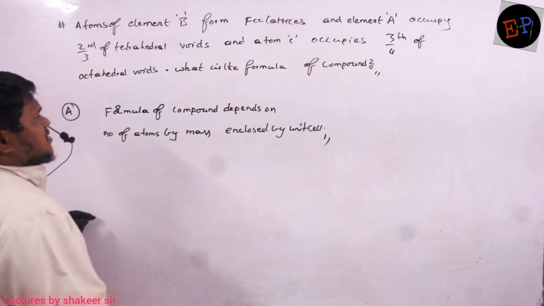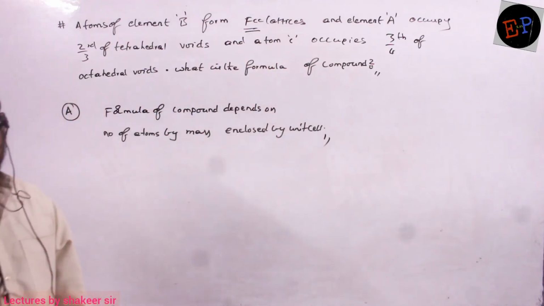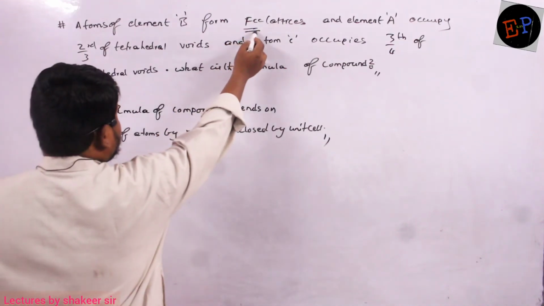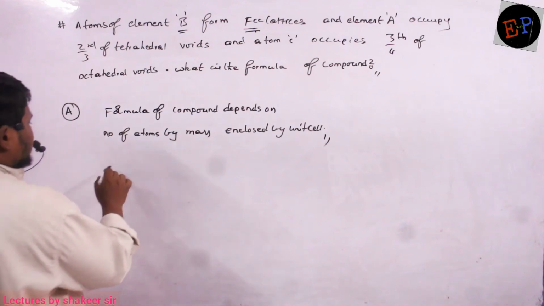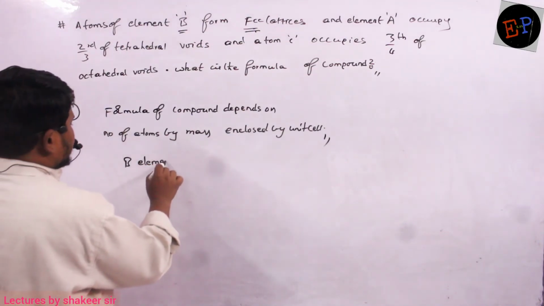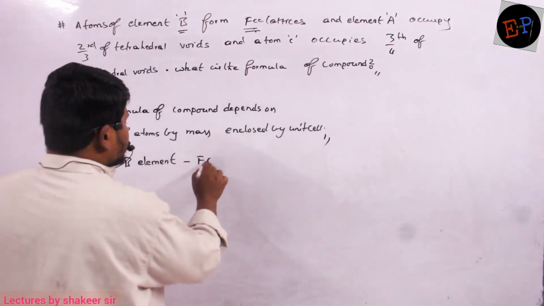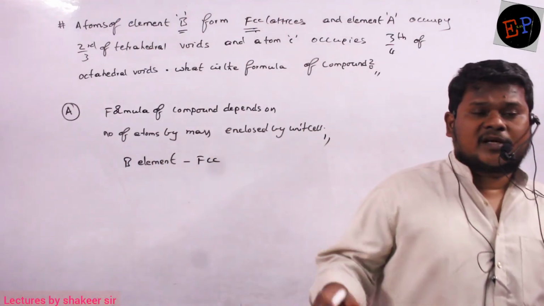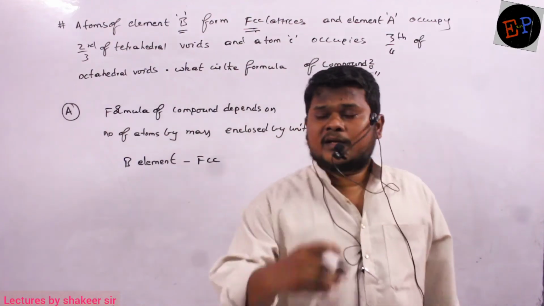So see here, what is the type of lattice given? FCC lattice, face centered cubic lattice. And who is present at the FCC lattice? Element B. Listen very carefully. If all the B atoms are present on FCC, how many atoms of B does this unit cell enclose? 4. How did you get this 4?